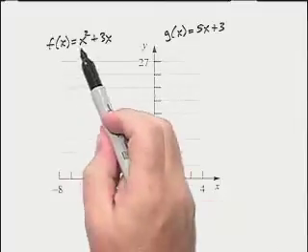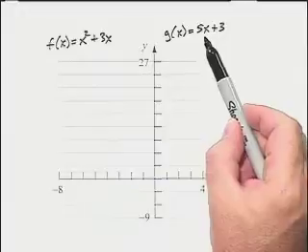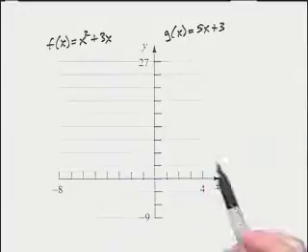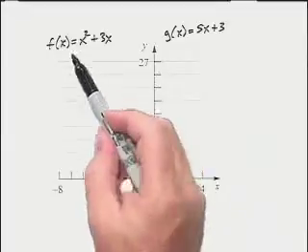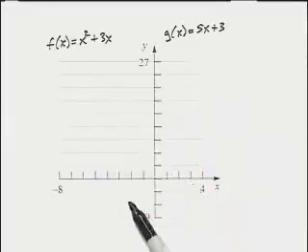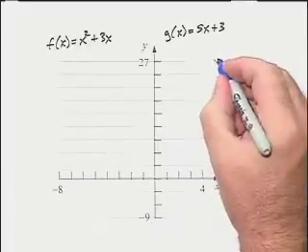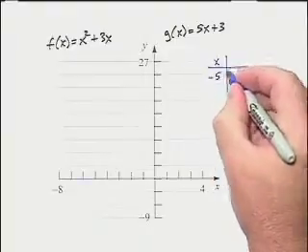We're going to graph f of x equals x squared plus 3x, and g of x equals 5x plus 3. To graph the function, we could do this by plotting points: pick some values for x, plug them into the function, get points on our graph, and then connect the dots. For f of x, we might pick values, say negative 5.